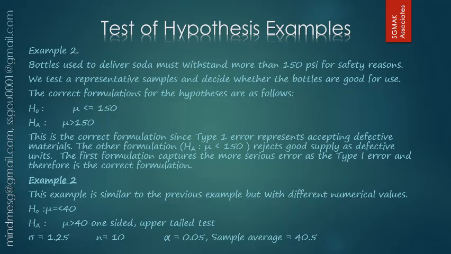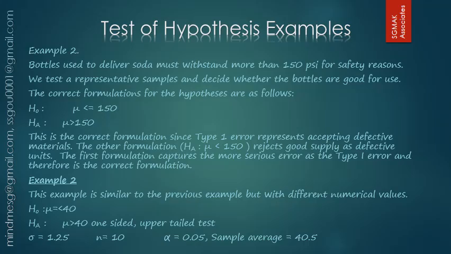The key thing is that the formulation I've shown here, null mu less than or equal to 150 and alternate mu greater than 150, is the right formulation, because in this example, if you make a type 1 error in this formulation, then you are accepting defective material as good, which is a more serious error compared to the other formulation. So that's the right formulation.